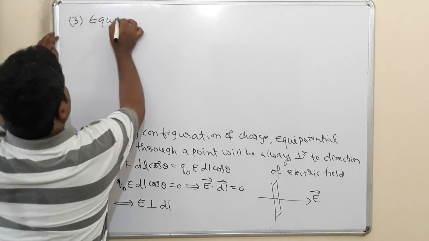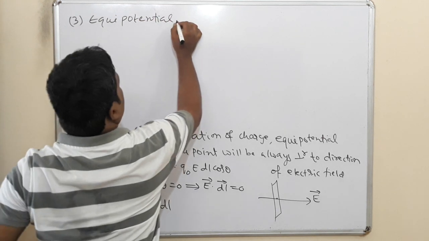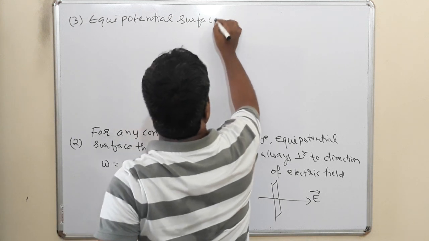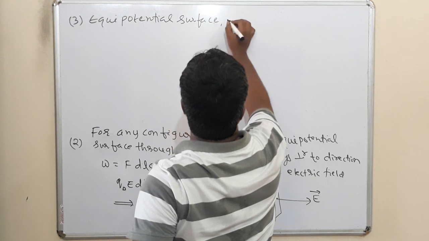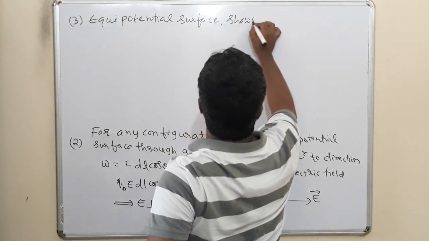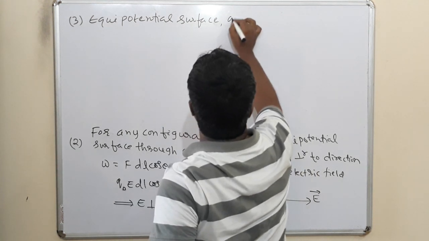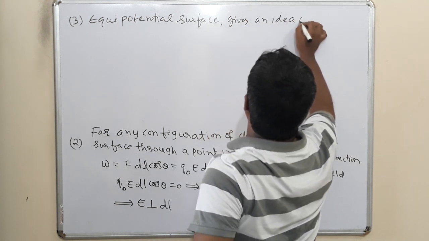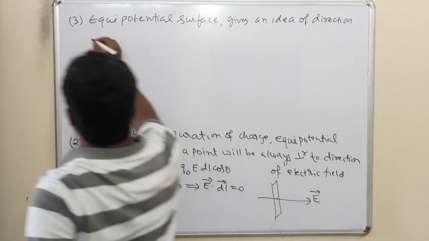Equipotential surface through any point shows or gives an idea of the direction of the field.